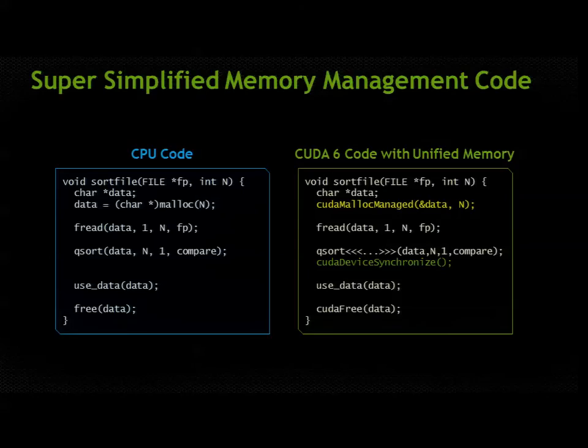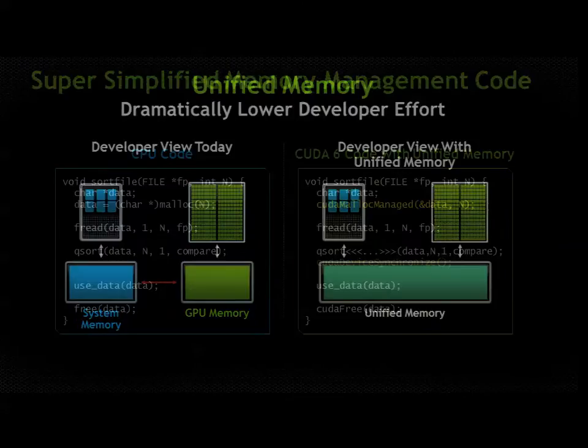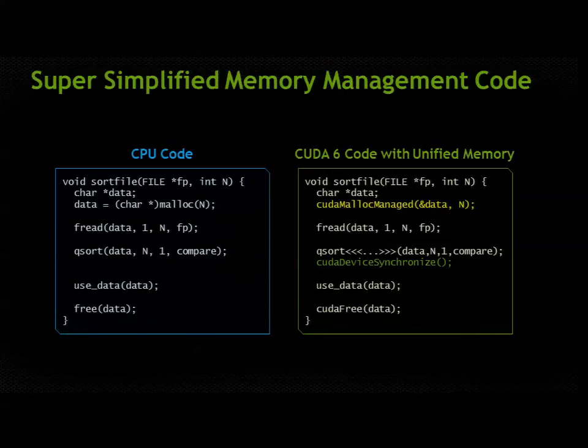Let's look at how this helps. When you look at a piece of code that sorts a file, we start out, we have to allocate data, we have to read the data, we sort the data, we use it, and we do some cleanup. With UVM, what you will have to do is we have a new function for allocating data.